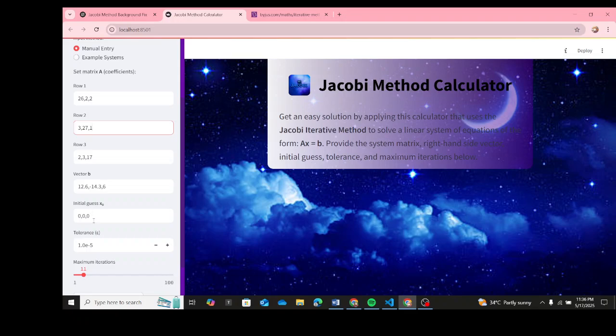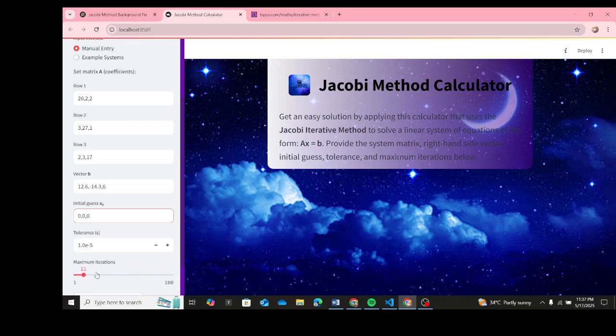Again, we should put our initial guesses at 0 with a tolerance of 0.005, just like we did in our manual.